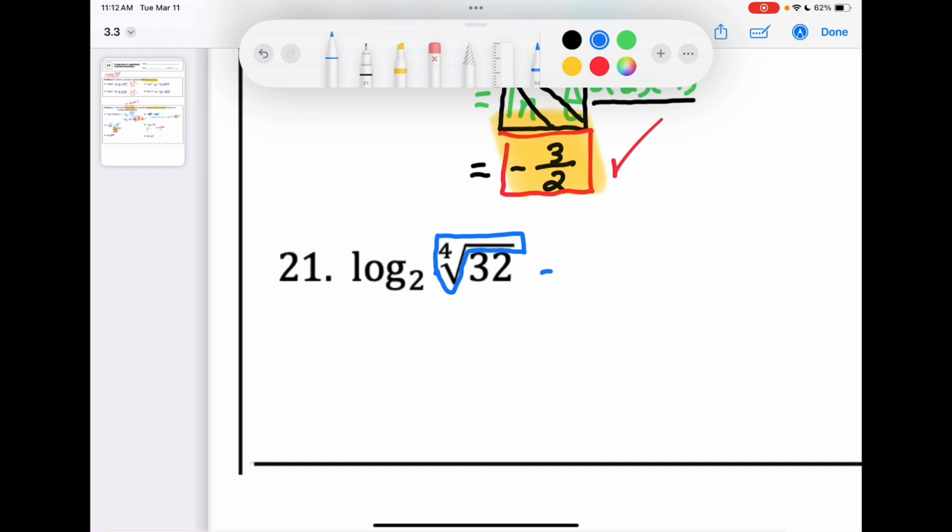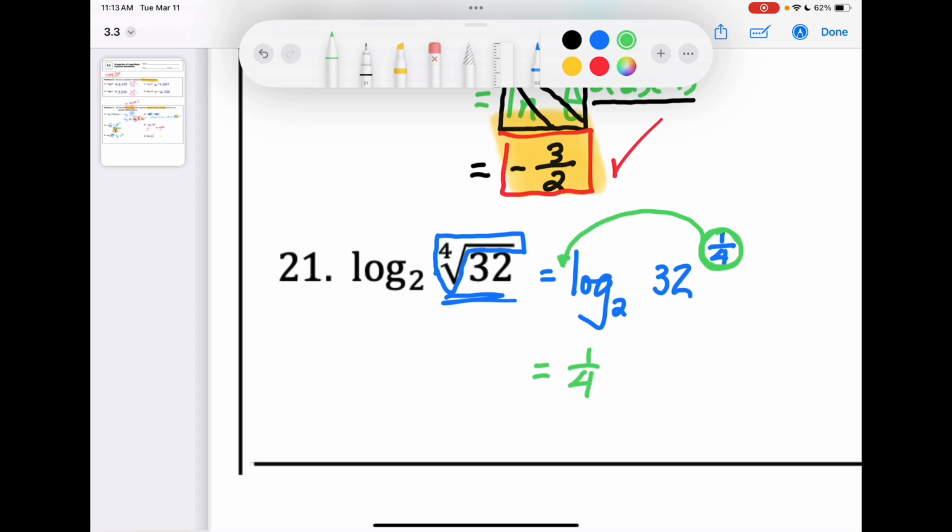So that tells me step 1, I'm going to rewrite this as log base 2, but I'm going to rewrite this guy as 32 to the 1 over 4 power. So far so good. Now you may say that, by the property of the log, when I see the power, I can bring it up front. You are correct. So that gives me 1 over 4, just a number up front.